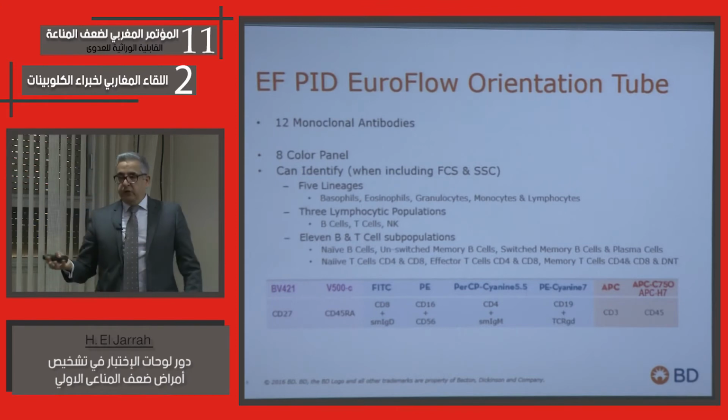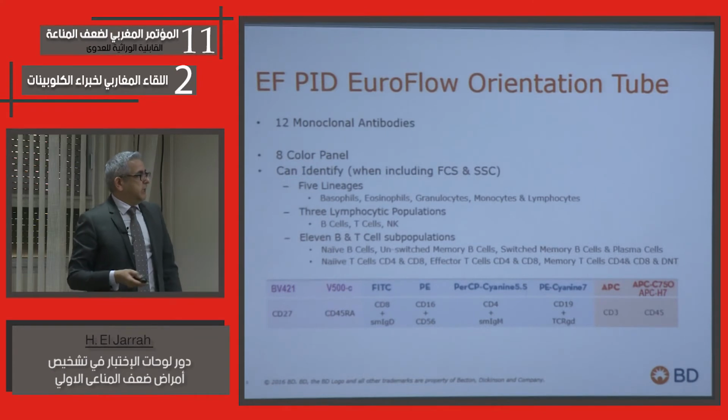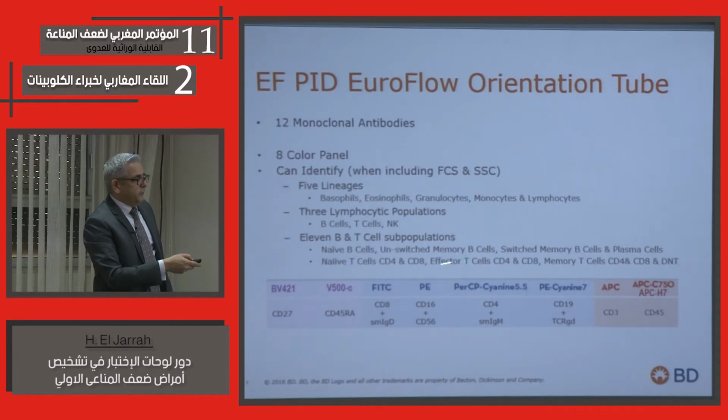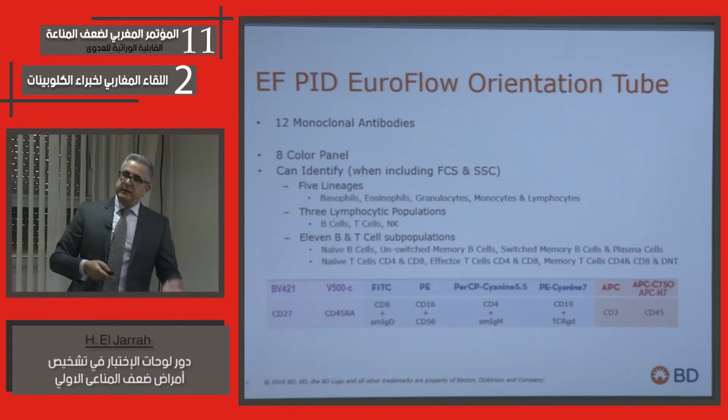3 lymphocyte populations. Because of CD19, we identify the B cells, CD3, T cells, CD16/56, NK. And now, based on CD27 and CD45RO, if we look at the T cell compartment, whether CD4 or CD8, we can identify naive, effector, and memory CD4s and CD8s.